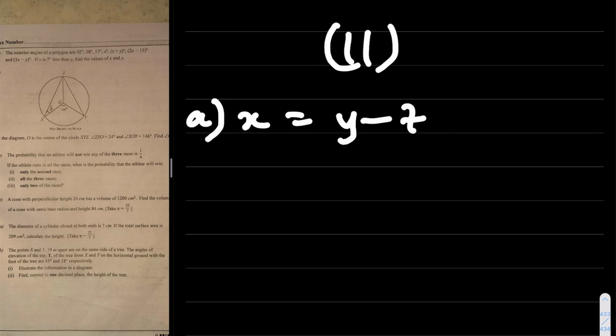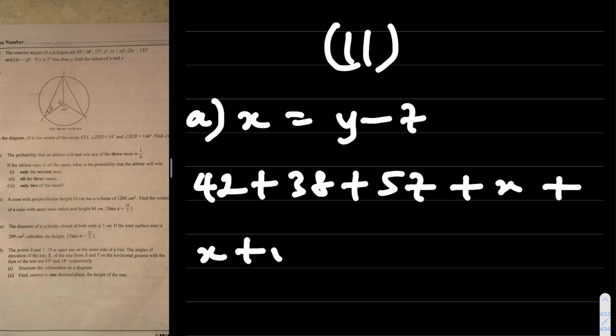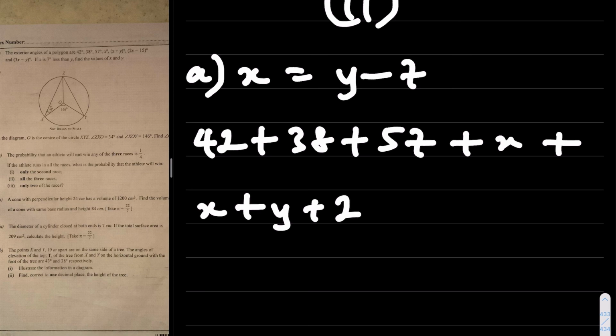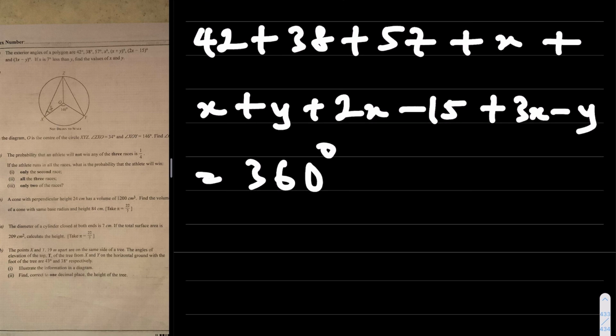Now, the sum of exterior angles of a polygon is 360 degrees. That simply means 42 plus 38 plus 57 plus x plus y plus 2x minus 15 plus 3x minus y equals 360 degrees.